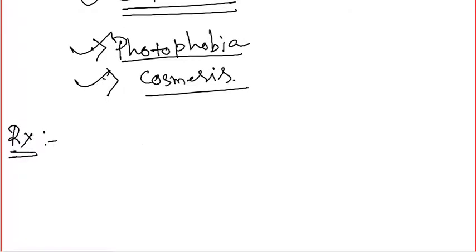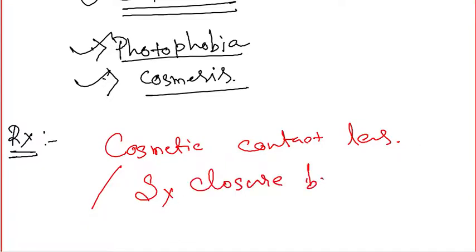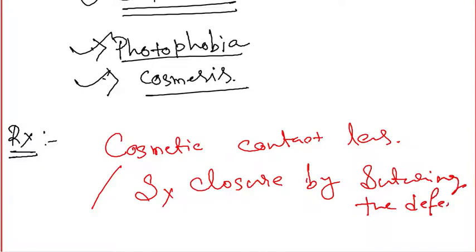For this type of coloboma, the treatment is cosmetic contact lenses or surgical closure by suturing the defect.